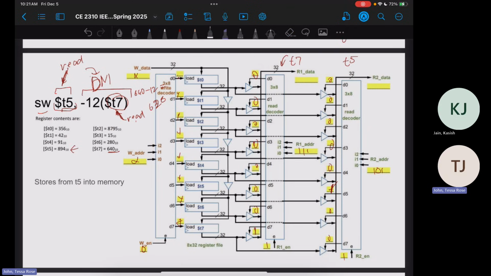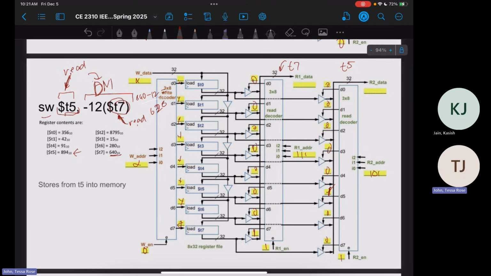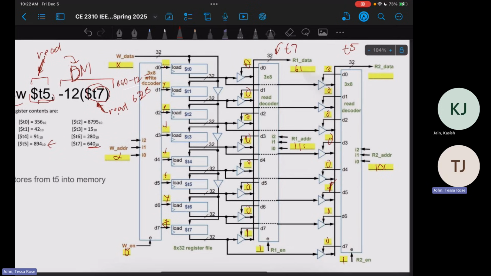Because when we do the negative, it's in the data memory, right? And in this question, it's just about the register files. So we're just reading it from the register file. We're not doing any math in this part for now. Okay. Got it. So this is 640 and 894.